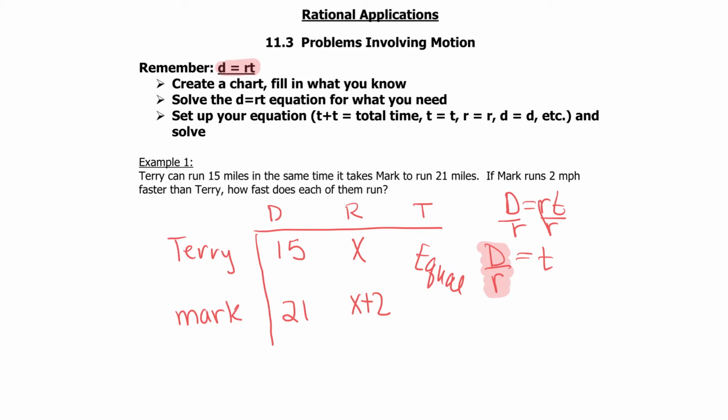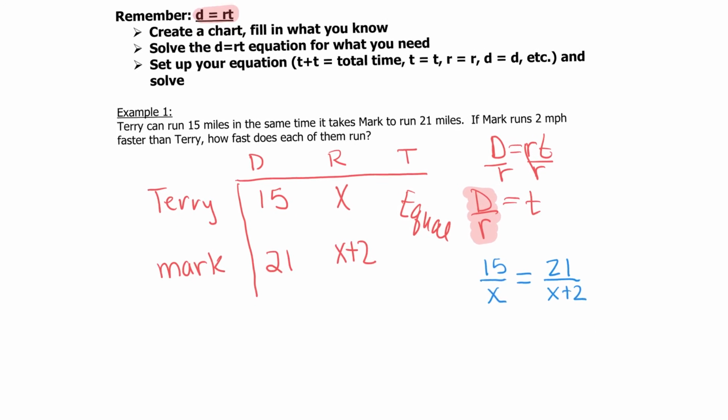So if I take Terry's distance of 15 and divide it by his rate of X, I'm going to set it equal to Mark's distance, 21, divided by his rate, X plus 2. And then this is just solving using cross multiply.